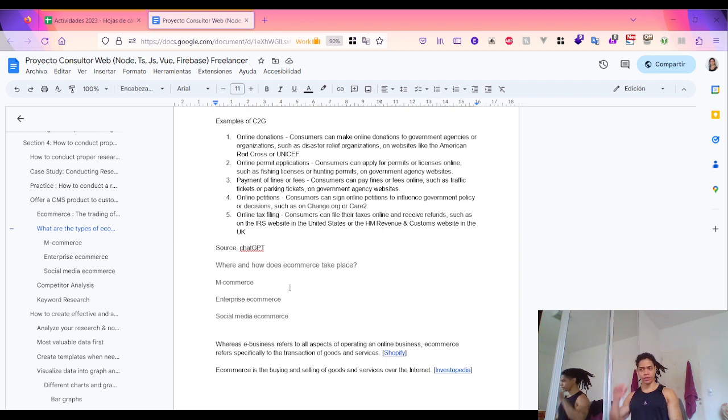So where and how does e-commerce take place? This is on the mobile sphere, the enterprise e-commerce, or the social media.